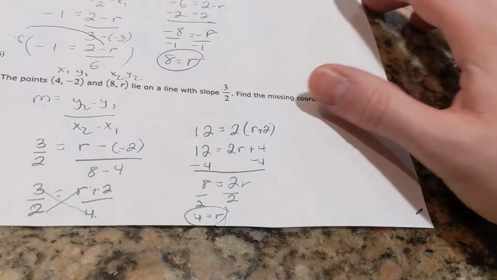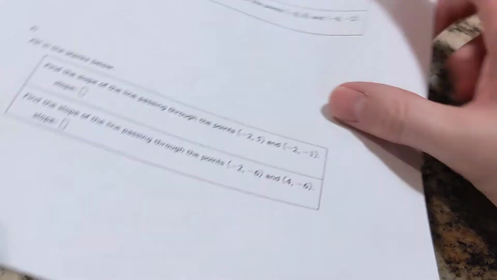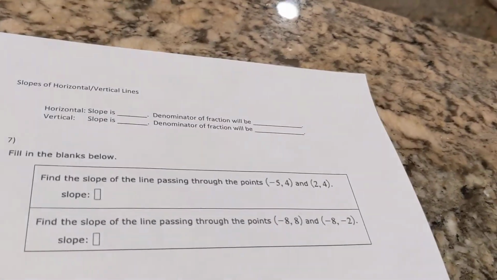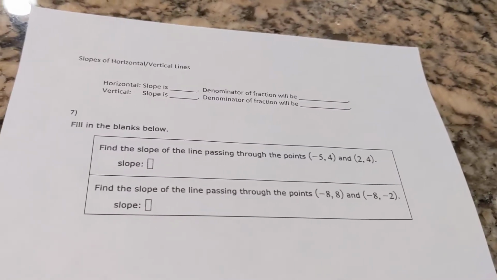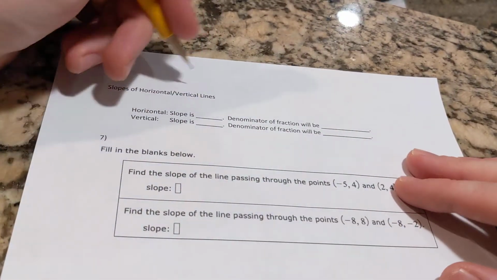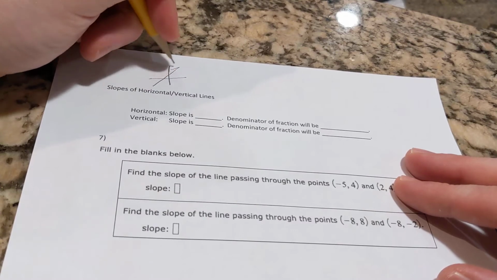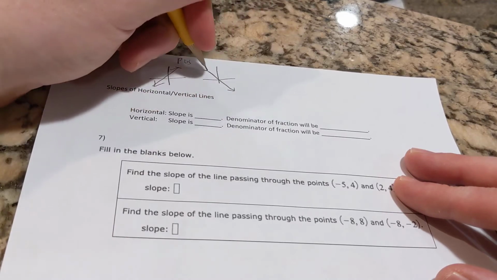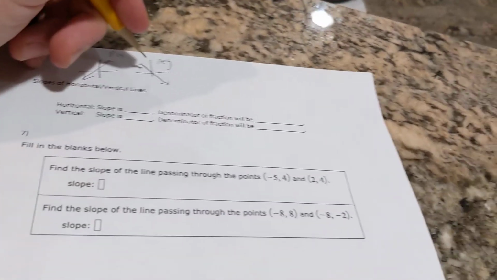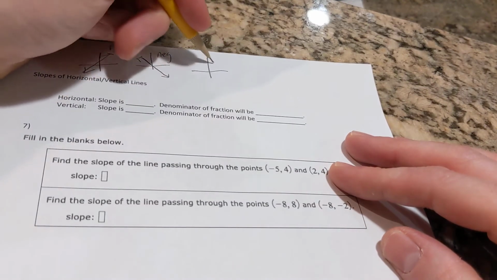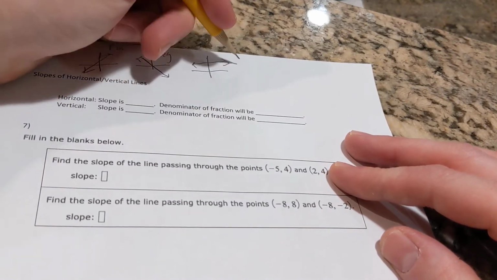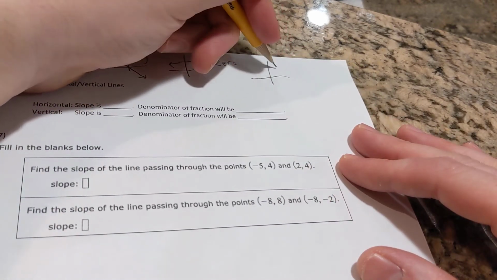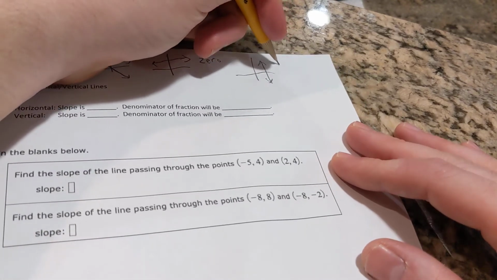All right, last thing for this one. Horizontal and vertical lines. If you remember when we first started talking about slope, we went over the 4 classifications of slope. We had positive slope, negative slope, zero slope, and the last one was undefined.